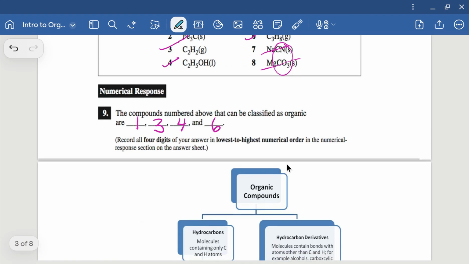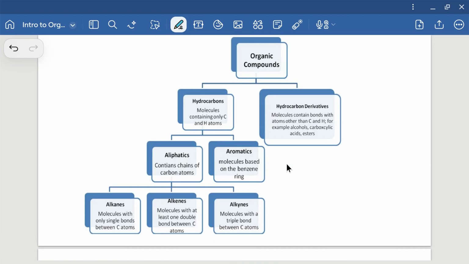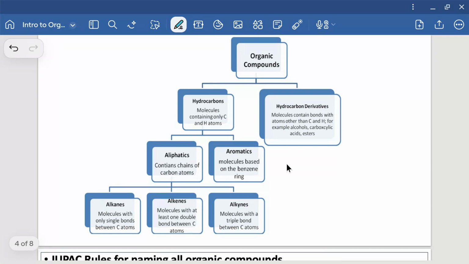Then, once we've defined what organic compounds are, there are different branches that we would go through. So what we're going to start with is this one over here, which is alkanes. We have any hydrocarbon, so containing carbon and hydrogen, and then there are the derivatives, which we'll get into as we move on in the unit. Then we can break this down even further.